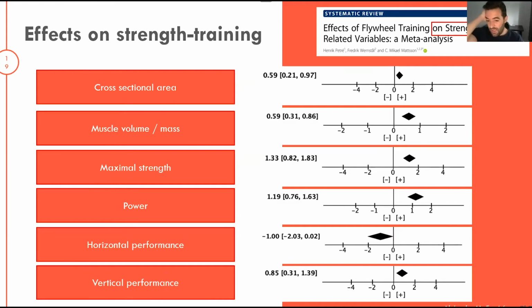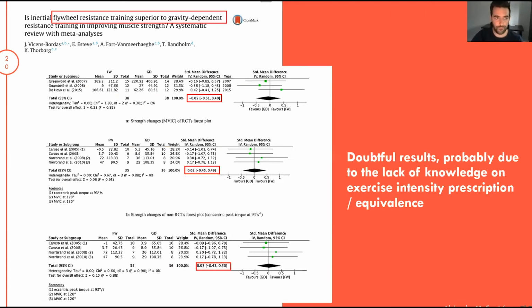We don't know yet, in my opinion, why that is, but probably, and this is just a hypothesis of mine, it could be related to the external load used, probably a very high external load. This is one of the points that we still don't know.